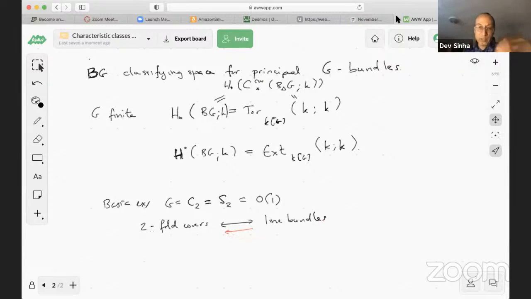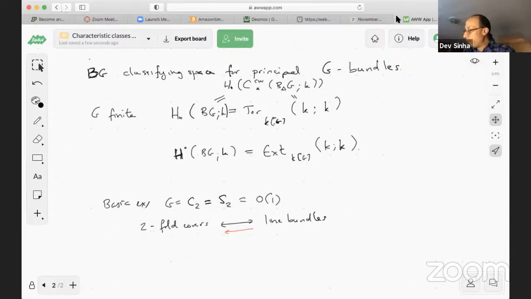The other direction is a little more complicated, but you can take the 2 points in your cover and treat one as 1 and one as minus 1 in your rank 1 vector space.